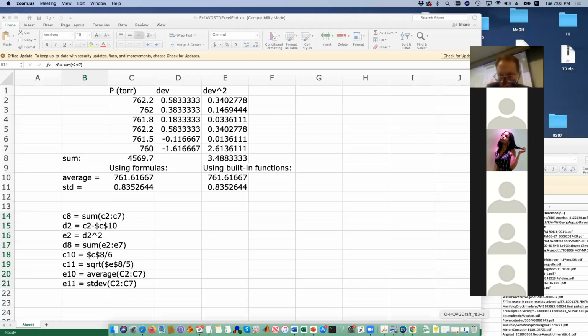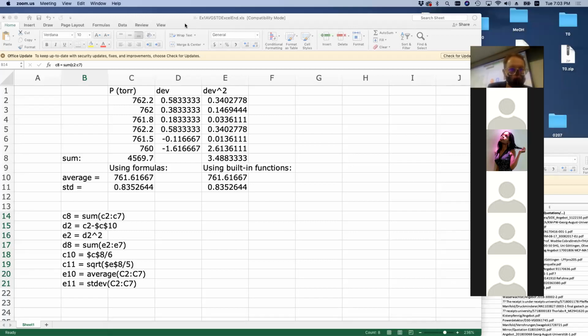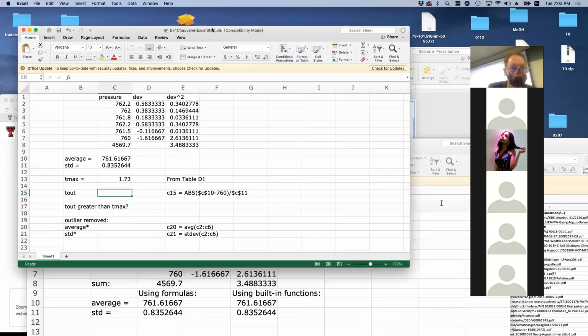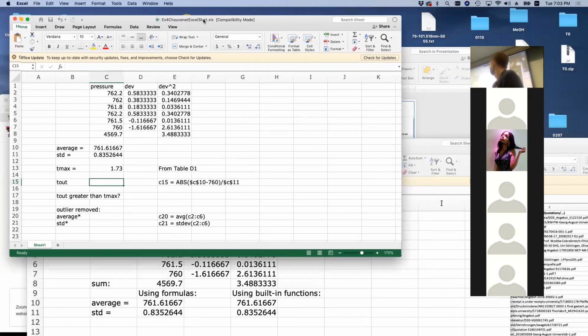So basically, where did this go? Chauvenet, here we go. Okay, so you should all be able to see the spreadsheet now. We calculated the average and the standard deviation of these measurements. For 6 measurements, T max from Chauvenet's criterion is 1.73.